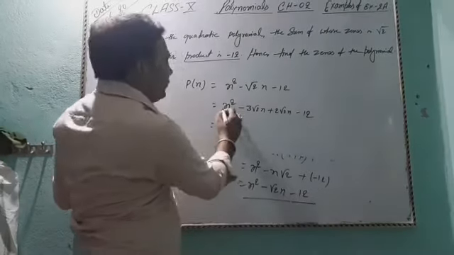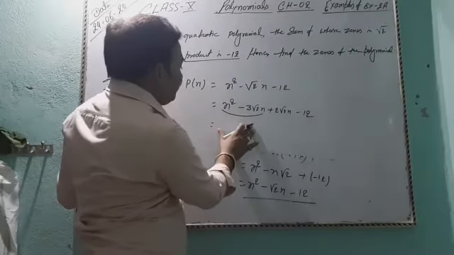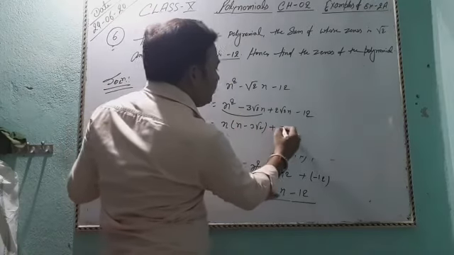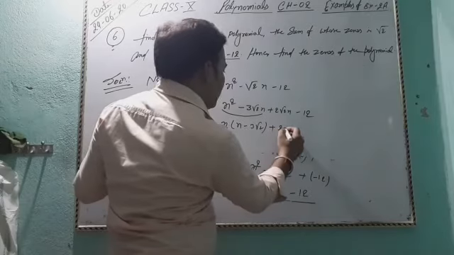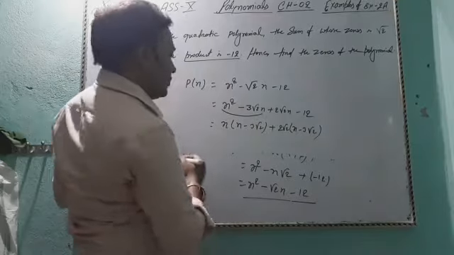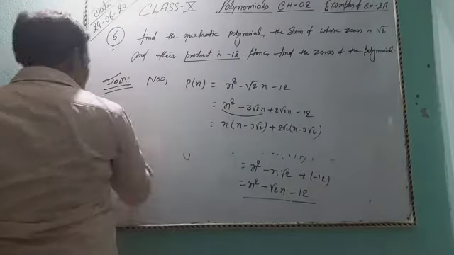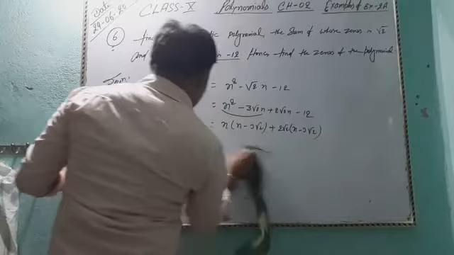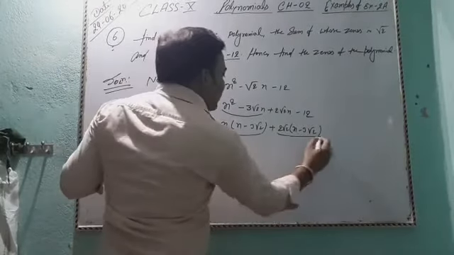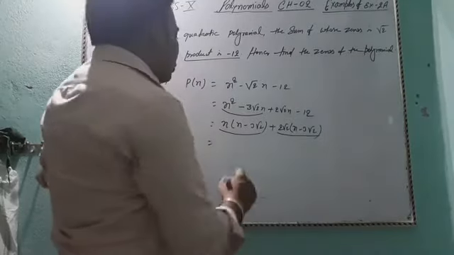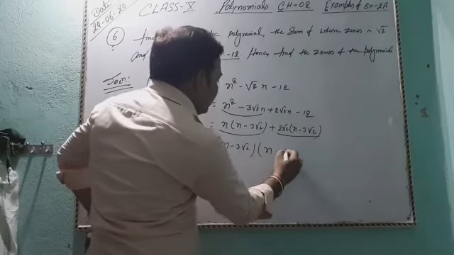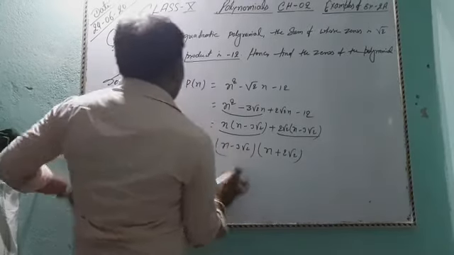Okay, let x be common: x minus 3 root 2 and plus 2 root 2 is common for x minus 3 root 2. We have two terms and both terms contain x minus 3 root 2. So x minus 3 root 2 is common, and the rest is x plus 2 root 2.